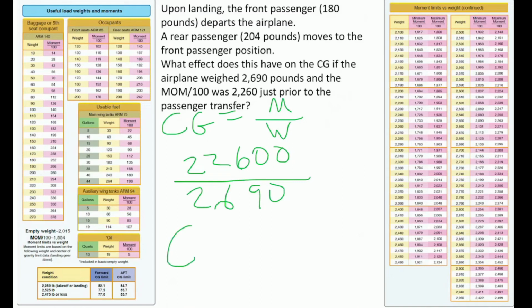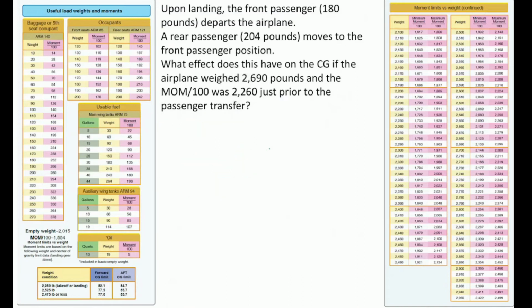So our CG was 84 to start. So we know we start with 84. That's where we begin. So we'll keep 84 in our back pocket.